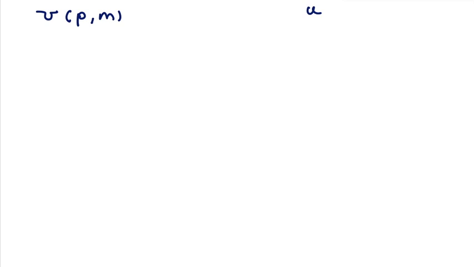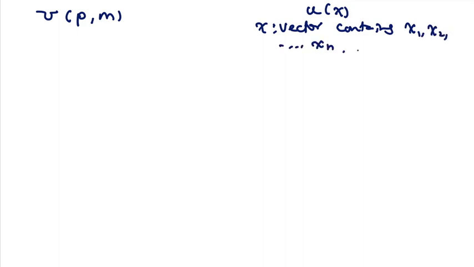Many bundles. All right. So we call it U(X), for instance, where X here is the vector that contains the number of good 1, good 2, good 3. So X here, as we recall from the last videos, is a vector containing x1, x2, until xn. Okay, bundle here.